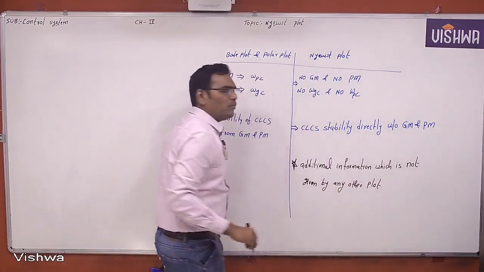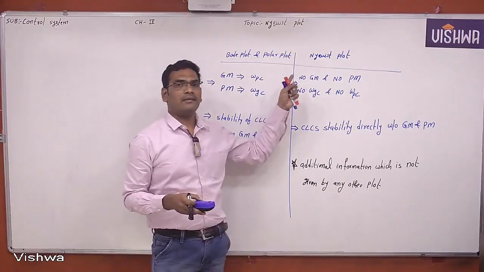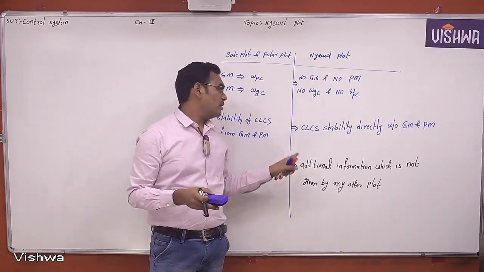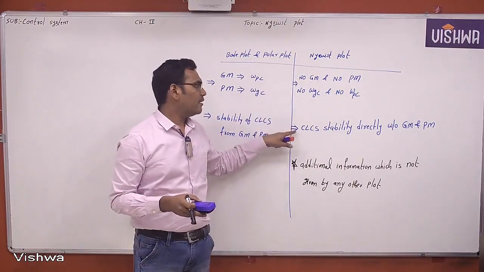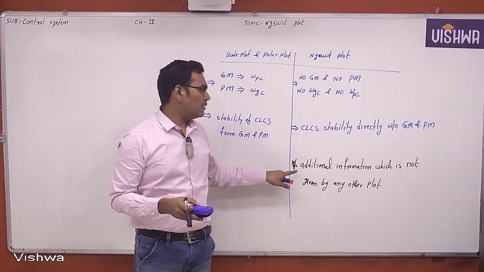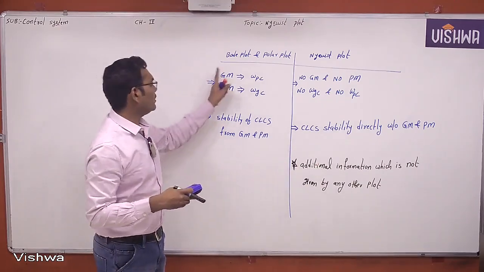These are the two important points that make the Nyquist plot important. No gain margin, no phase margin, all lengthy calculations are eliminated. It finds stability directly and gives extra information which is not given in these two plots.